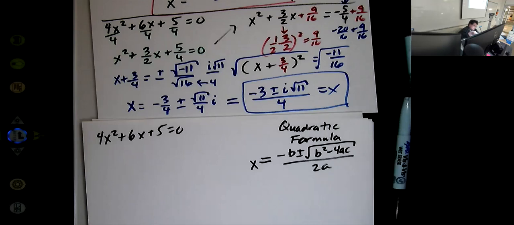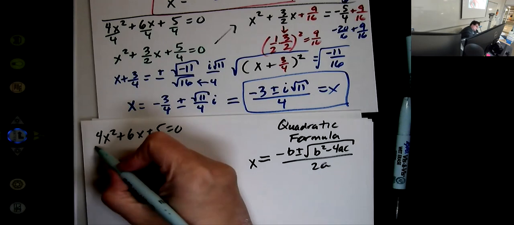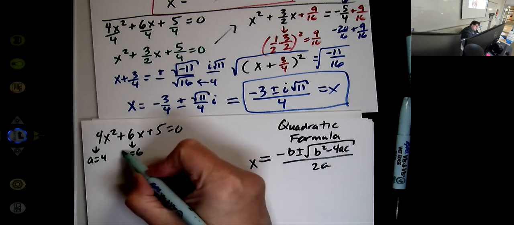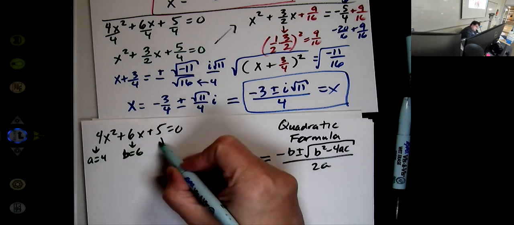So my A is the 4. B equals 6. And C equals 5.